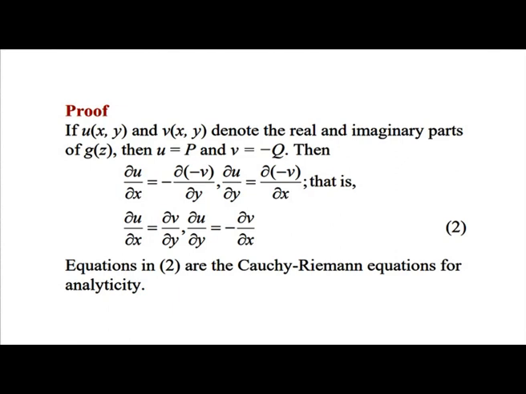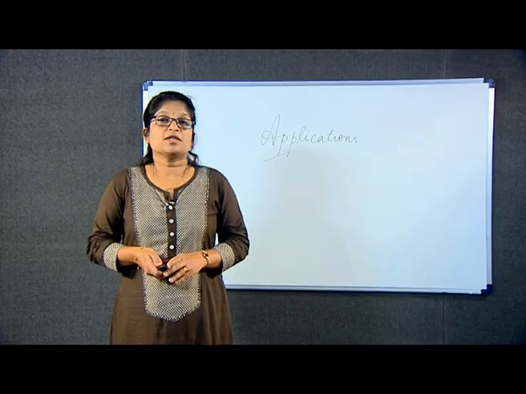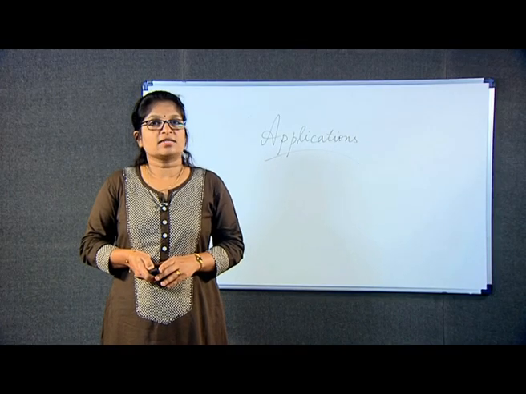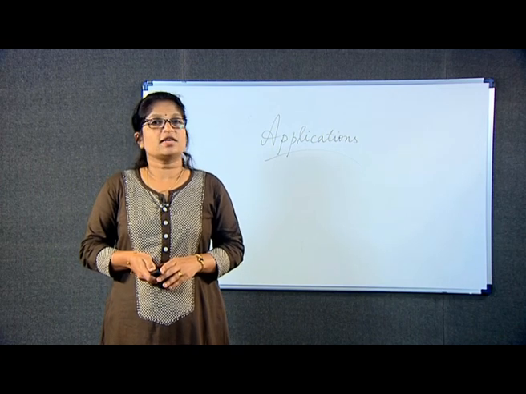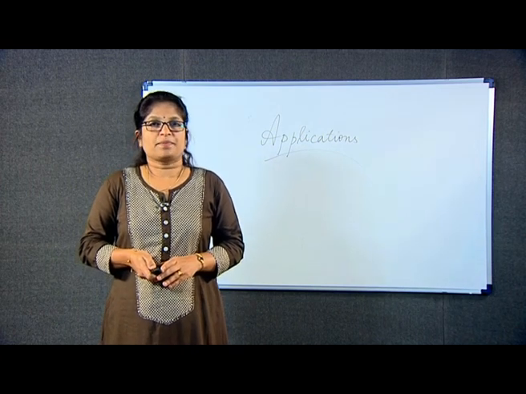I know that you all remember that these are the CR equations in the Cartesian form, and they are used to check the analyticity of a given function f(z) equals u plus iv.